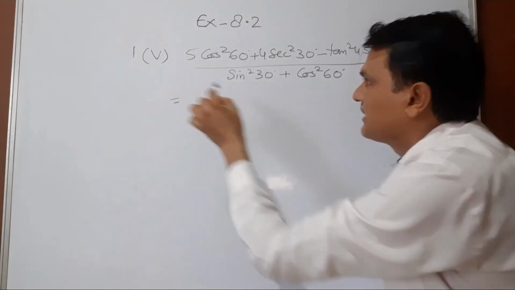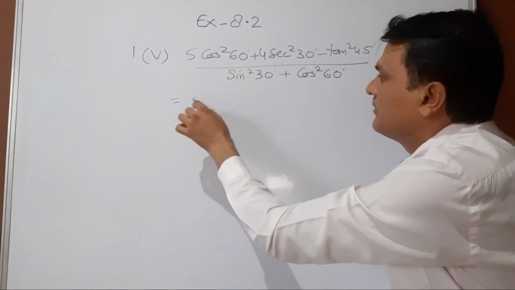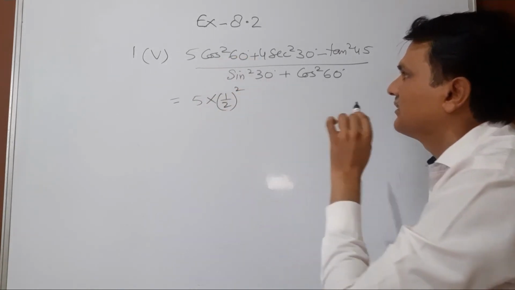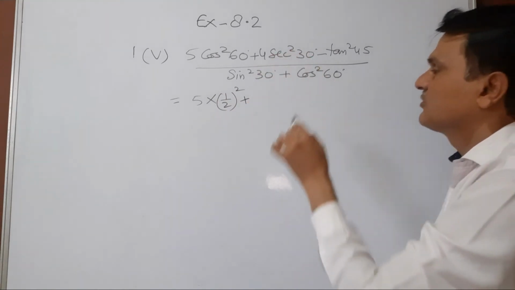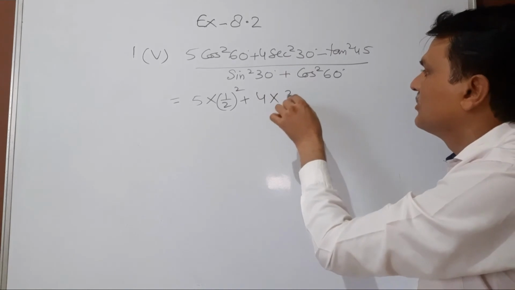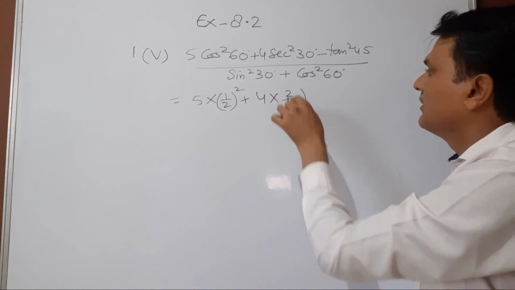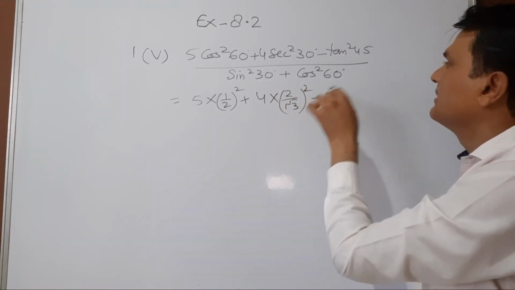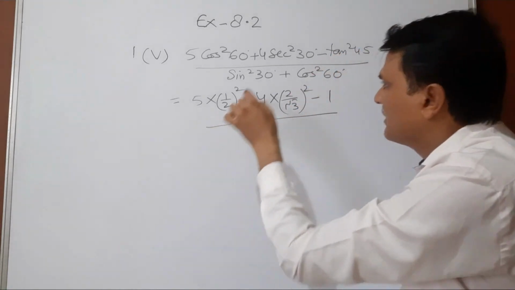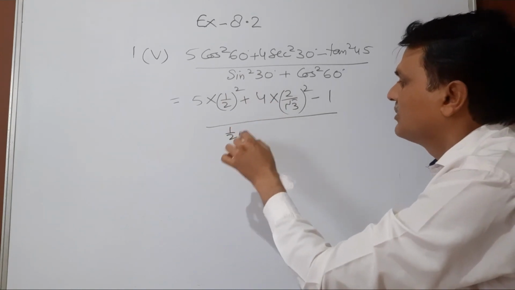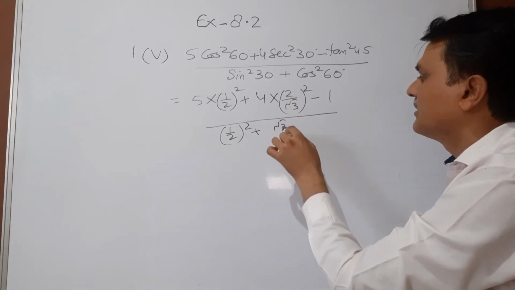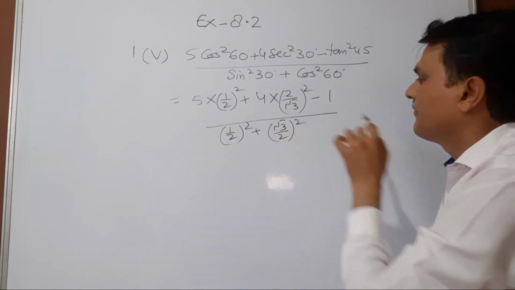We put the values: 5 into cos 60 is 1 upon 2 whole square, plus 4 sec square 30, which is 4 into sec 30 is 2 upon root 3 whole square, minus tan square 45 is 1 whole, divided by sin square 30 is 1 upon 2 square plus cos square 30 is root 3 upon 2 whole square.